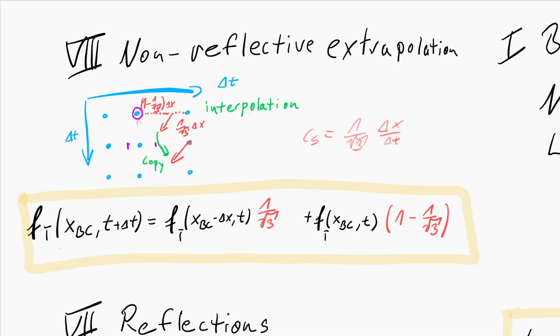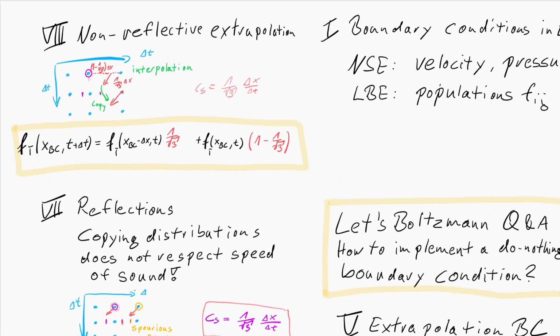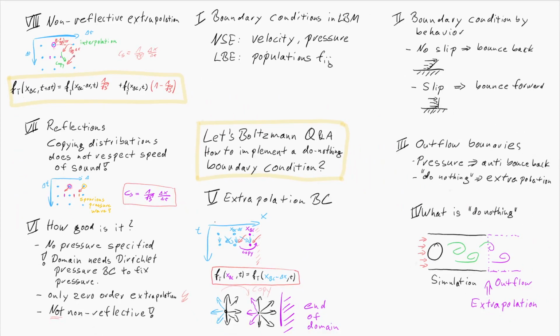With this boundary condition we killed the reflection, but we still are only low order accurate in our interpolation.